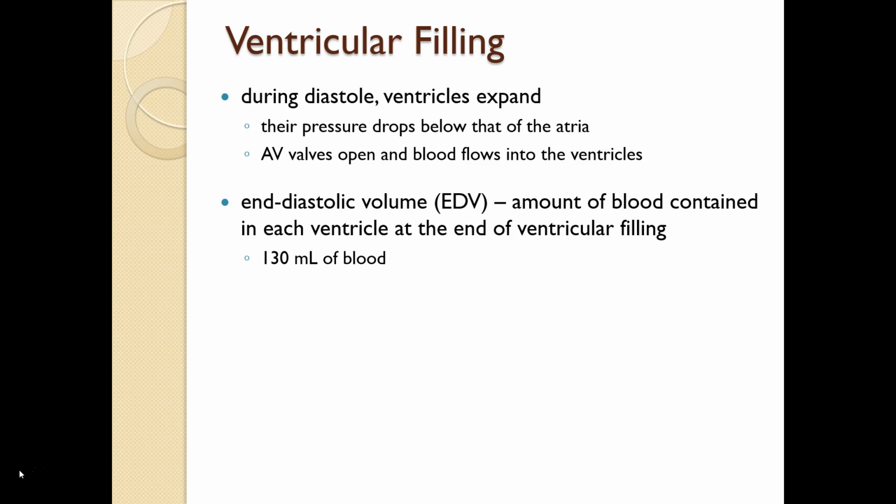It's the volume of blood in the ventricle at the end of ventricular diastole. Think that through. Volume is referring to the amount of blood that's in the ventricle at the end of ventricular relaxation. If you're at the end of ventricular relaxation, what's going to happen in the next moment?